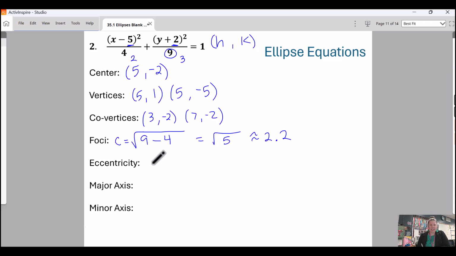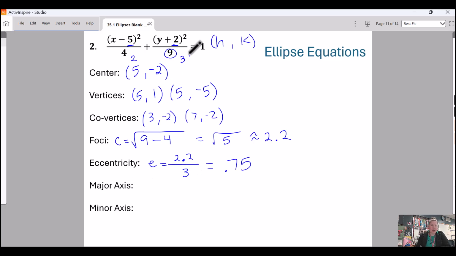We said in the equation that it's c over a, but it's really c over the major number. So 2.2 divided by the bigger denominator's square root, so 2.2 divided by 3, which gives us approximately 0.75. The eccentricity of this one is about the same as on the other problem.